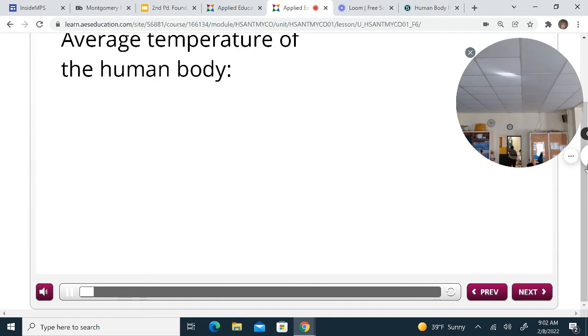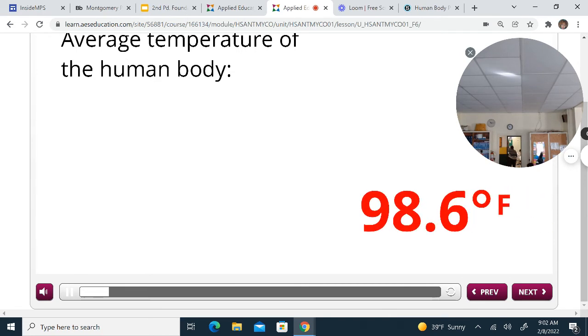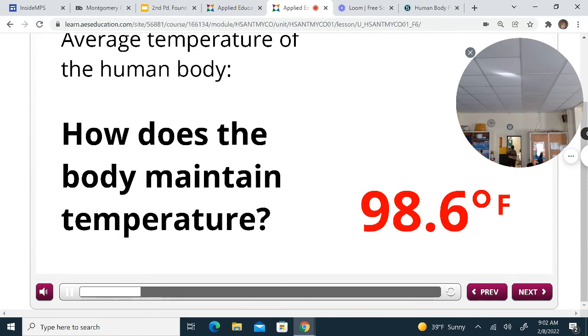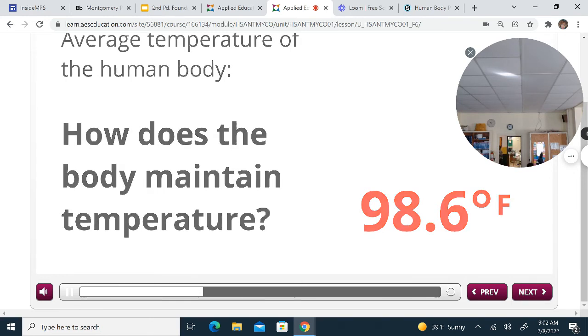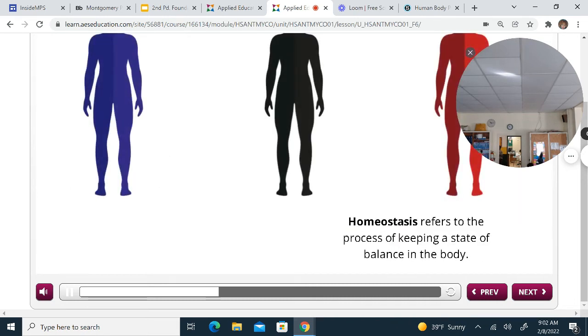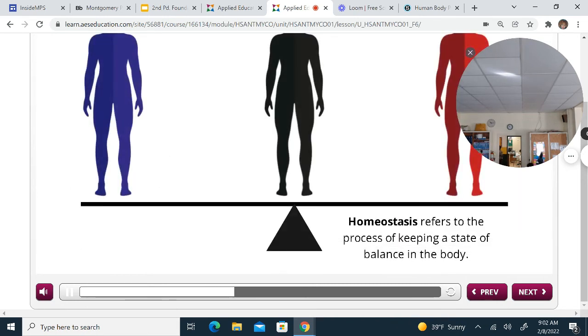The average temperature of the human body is around 98.6 degrees Fahrenheit. So how does the body maintain that temperature when conditions on the outside of the body change? Well, the body regulates its internal conditions through a process called homeostasis. Homeostasis refers to keeping a state of balance in the body.